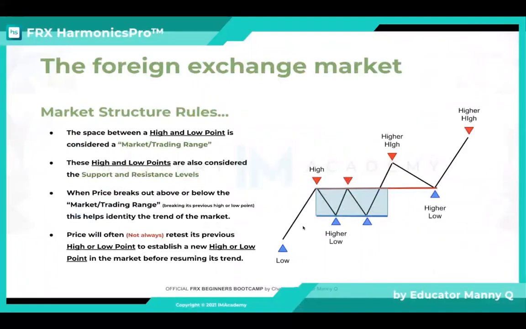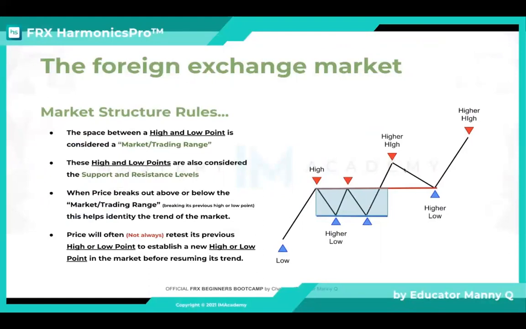So again, when the market is low and the market is beginning to trade up and it breaks the previous high point, which is this red line, creating that new higher high, price will often pull back down right over here, because what goes up must come down.